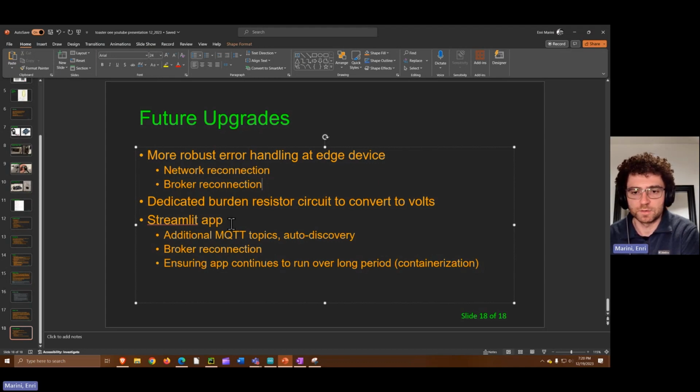And similarly, when we're talking about the Streamlit app itself, say we have multiple MQTT topics. How do we wish to handle discovering multiple topics? Do we wish to make a separate dashboard for each topic? Even though it's a web-based app, how do we wish to handle the connection of the app to the broker in order to pull this data?